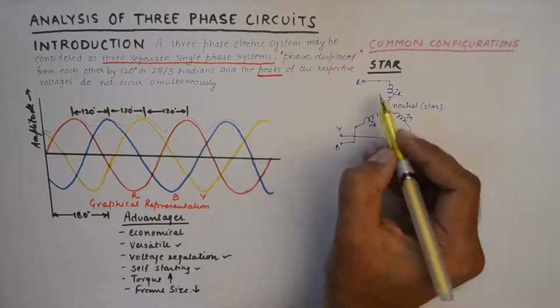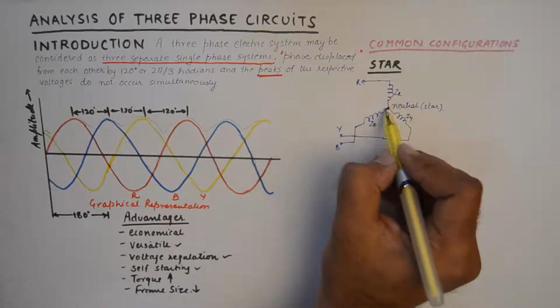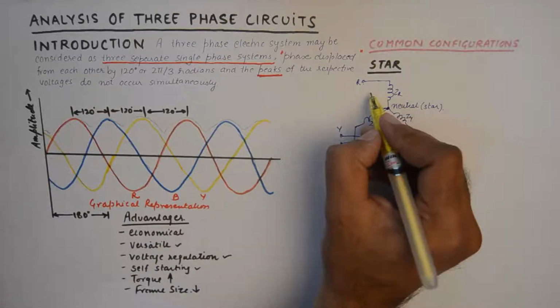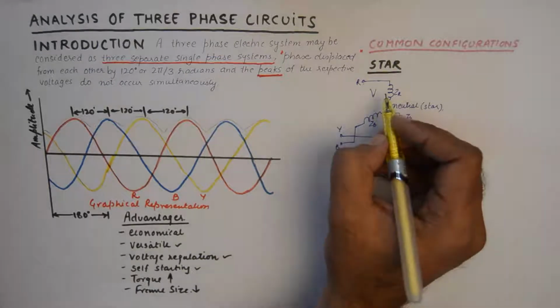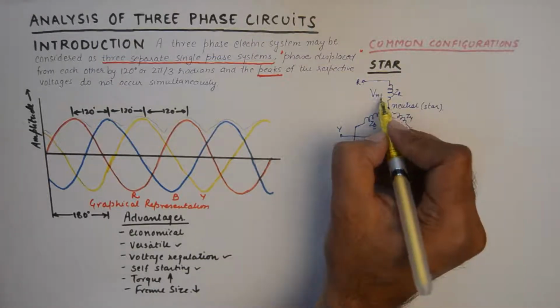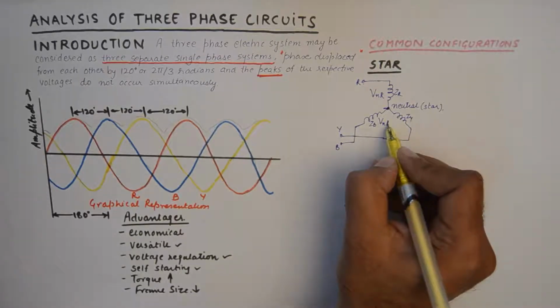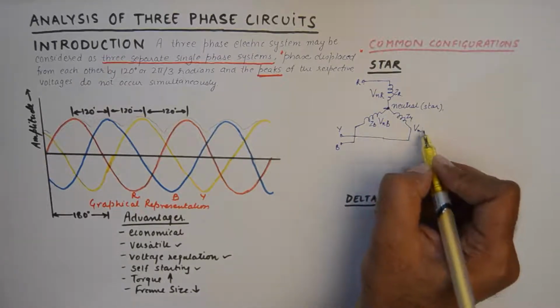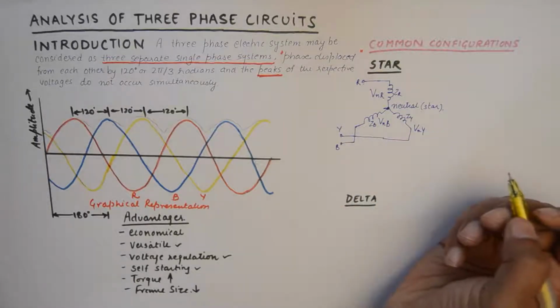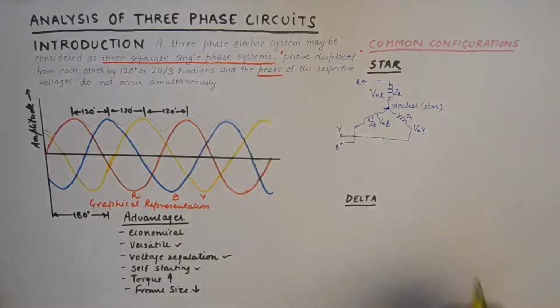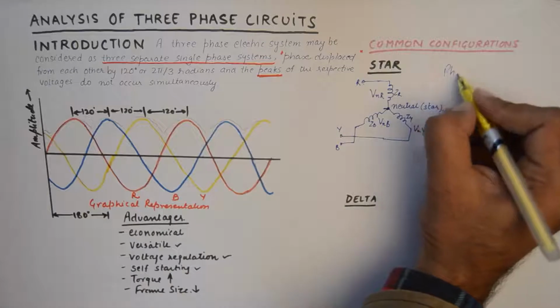And the voltage from this point to the neutral point is VNR, and this will be VNB, and this will be VNY, and these are known as phase voltages. Now this is the most important term.